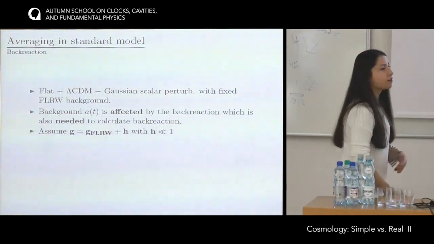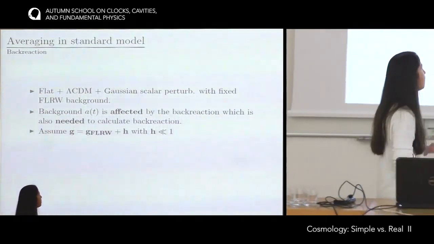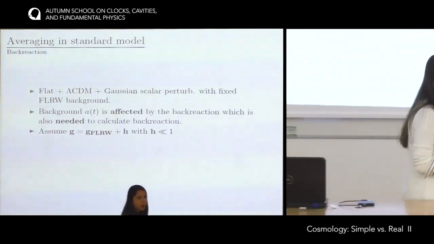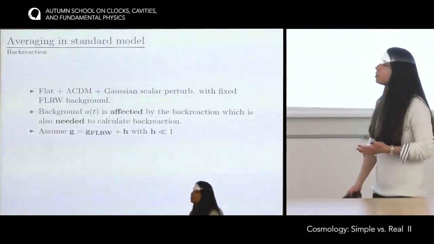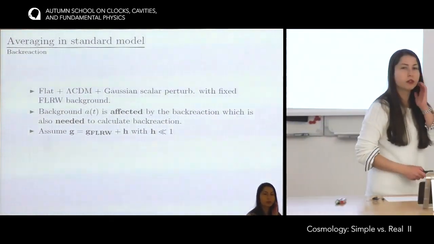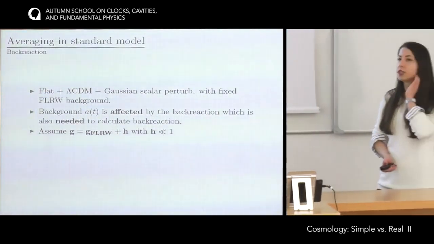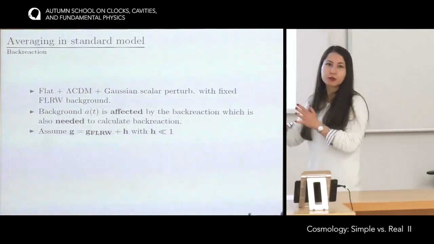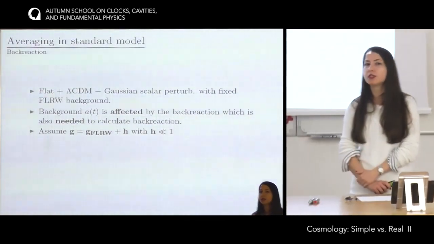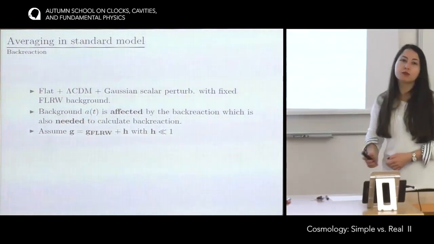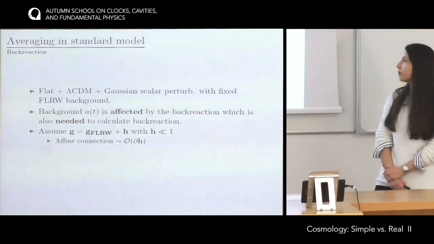So assume that you have this perturbed geometry, FLRW being the background, and you have small perturbations. That's what people assume, even for today. That was true in the early universe, yes, but as I showed you the pictures, that might not be the case for today. But let's say it is small, even today.